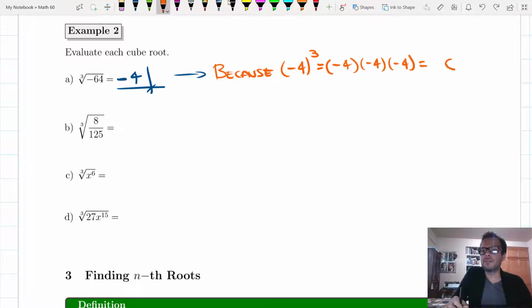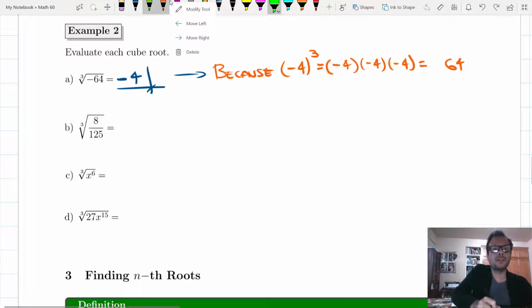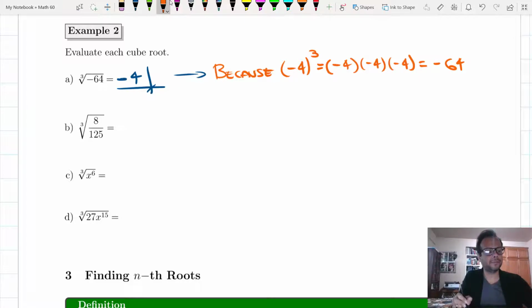However, let's multiply the signs. Negative times a negative equals positive, and then positive times a negative is negative in this case. So that's why.